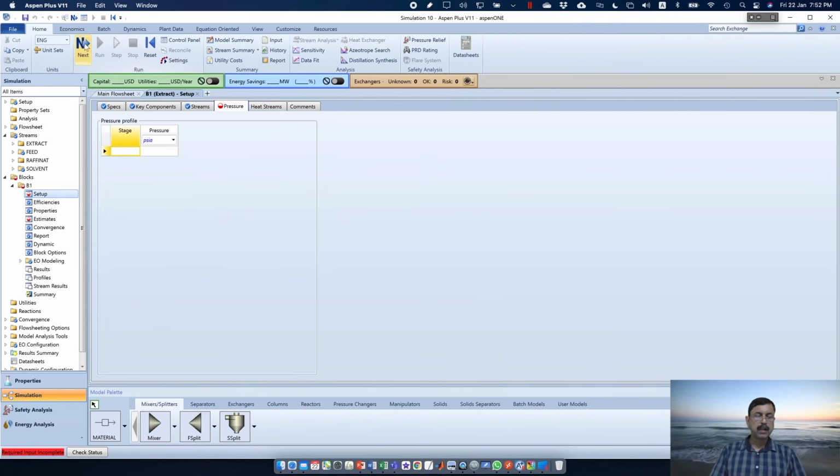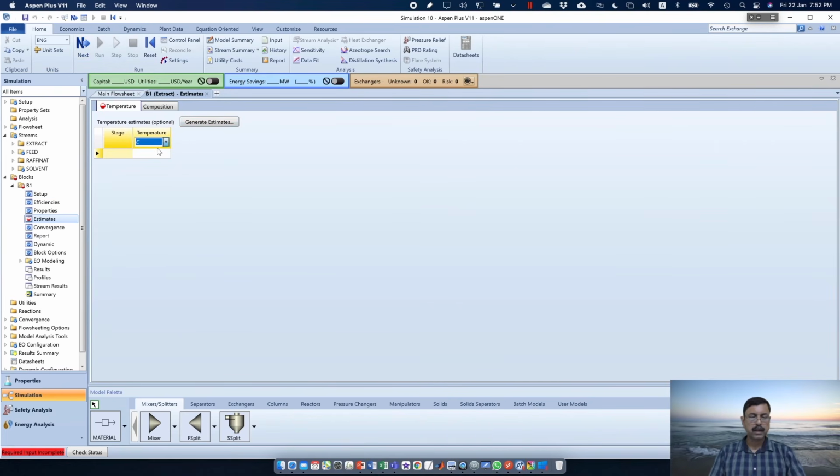Press next. The pressure in the first stage is 20 psi. Let us now run the simulation. Okay. You have to estimate the temperature also, stage 1 and 20 degrees centigrade. Now we can run.